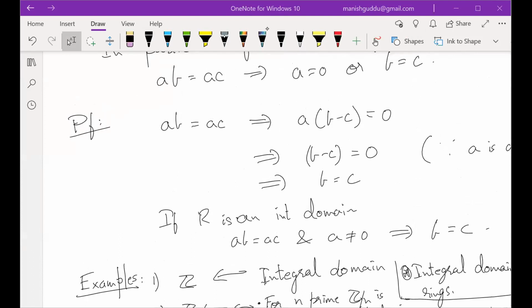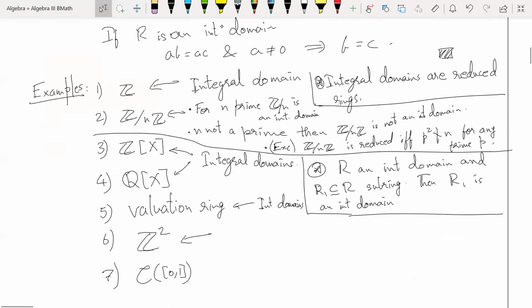So it would be reduced, but not an integral domain. It's certainly not an integral domain. So what is a zero divisor? We know that (1, 0) is a zero divisor, since (1, 0) times, let's say, (0, 1) equals (0, 0).